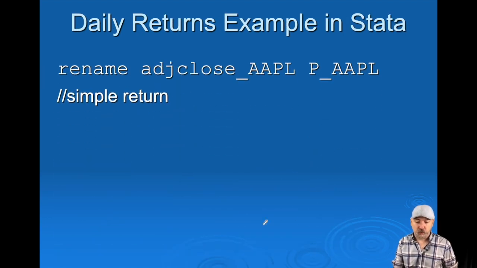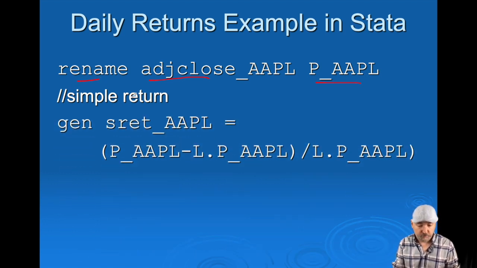So let's get back into our data example to see what this is going to look like and how we're going to calculate it. The first thing I did, I just got tired of dealing with the full name, adjusted close underscore AAPL, and we're just going to call that P underscore AAPL. So we use the rename command in Stata, and that'll give us the simple return calculation as the price today minus the price yesterday.